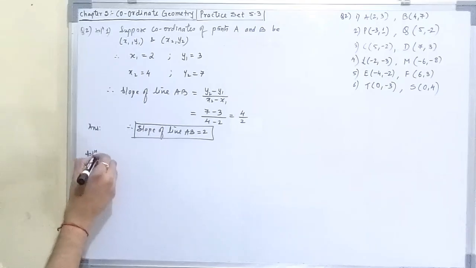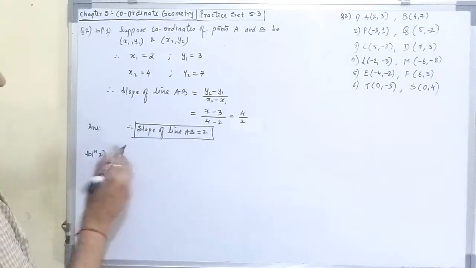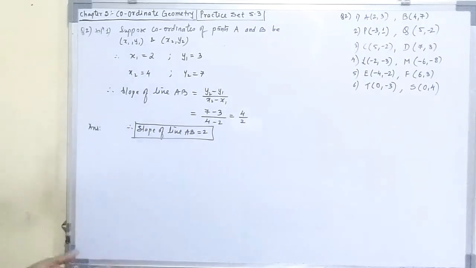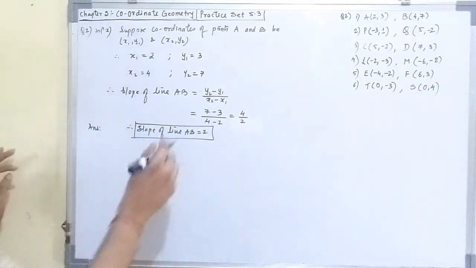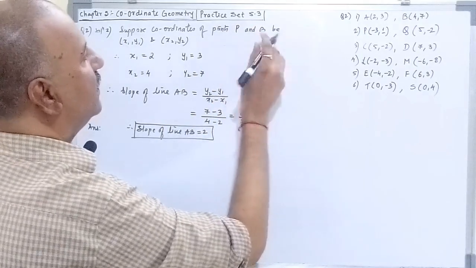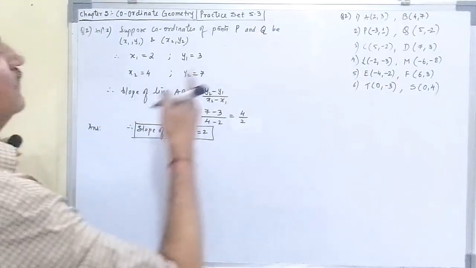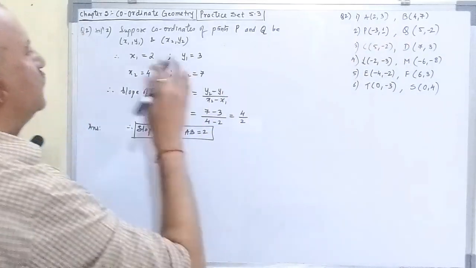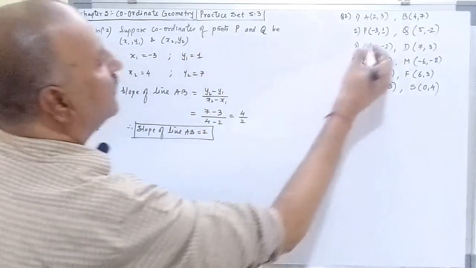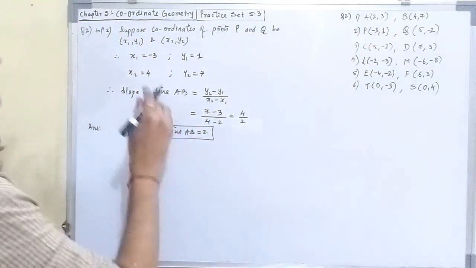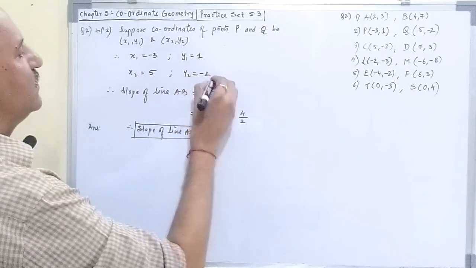Now let's go to solution 2. The same way we did before, we do it here. Let's go to question number 2. Now we consider this is point P and this is point Q. These are x1, y1, x2, y2. So x1 will be minus 3. y1 is 1. x2 is 5. y2 is minus 2.